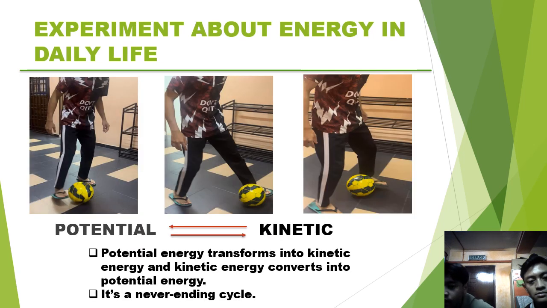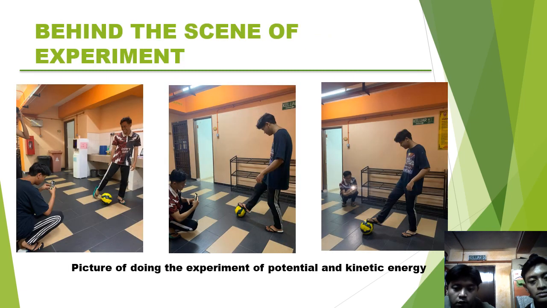This is another example of energy, which is dribbling the ball. When we dribble the ball, potential energy transforms into kinetic energy, and kinetic energy converts into potential energy. It's a never-ending energy cycle. So that is the behind the scenes of the experiment. These are the pictures of us doing the experiment on potential and kinetic energy.